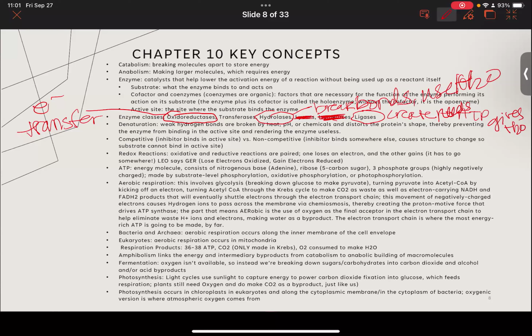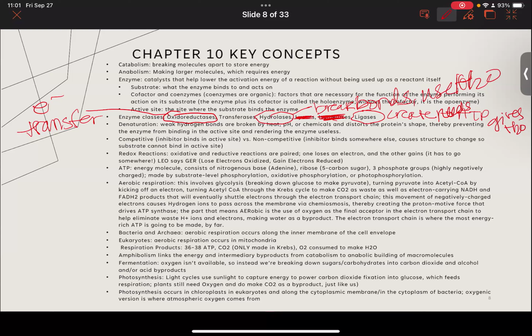If you can see the image clearly in your mind, you'll remember that thick peptidoglycan purple guy on top of our membrane where our cytochromes were. So our cytoplasmic membrane or inner membrane for bacteria or archaea, this is where our electron transport chain, the aerobic respiration, is going to be happening. So the glycolysis and Krebs can happen out in the cytoplasm of any type of organism, but that electron transport chain.